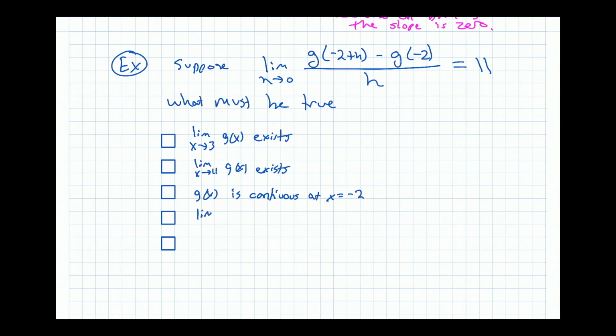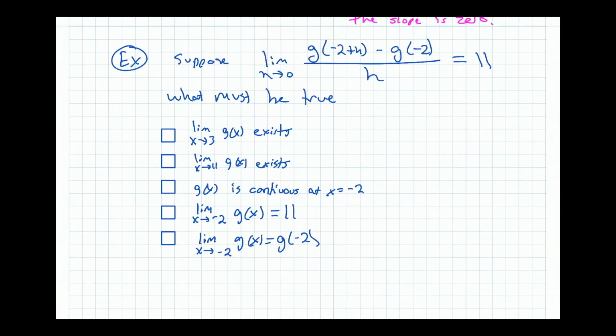Then they say the limit as x goes to -2 of g of x equals 11. And then they say the limit as x goes to -2 of g of x equals g of -2. Okay, so they give us these 5 things, and they're saying which ones are true.